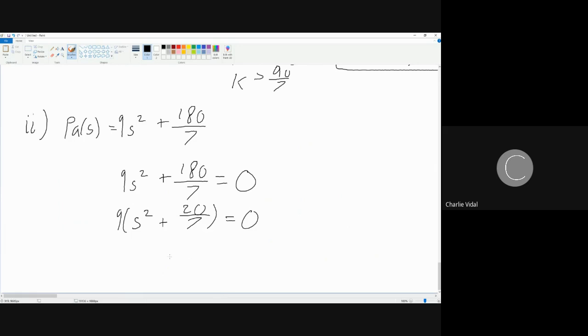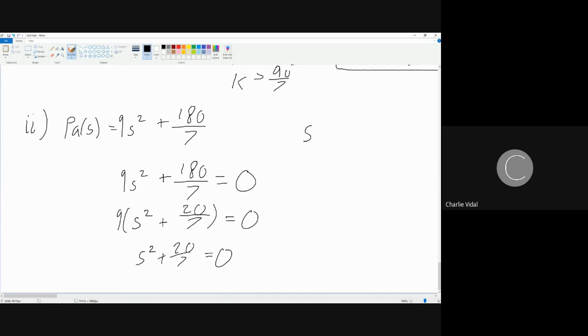It is going to be very simply s squared plus 20 over 7 is equal to 0. We're at the end of the page, so that's fine. You subtract the value of 20 over 7.